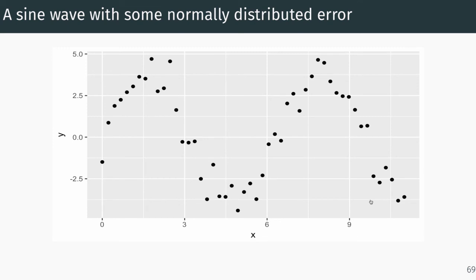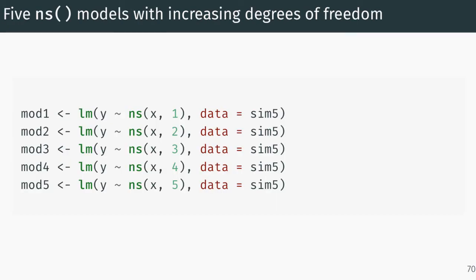Sine curve with some normally distributed random error. Now we're going to try 5 different models with this and see that having higher degrees of this natural spline results in a closer and closer fit to the data. That's not always what you want, but in this case it's going to work out nicely.